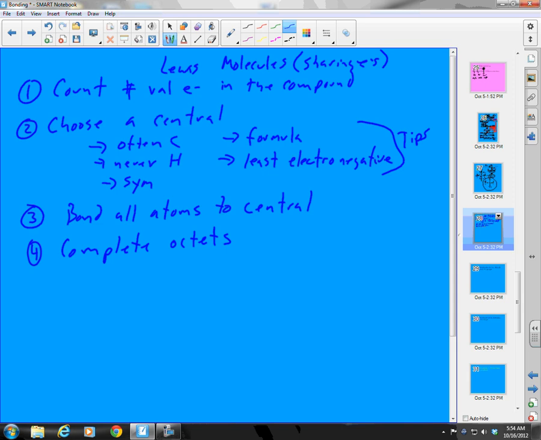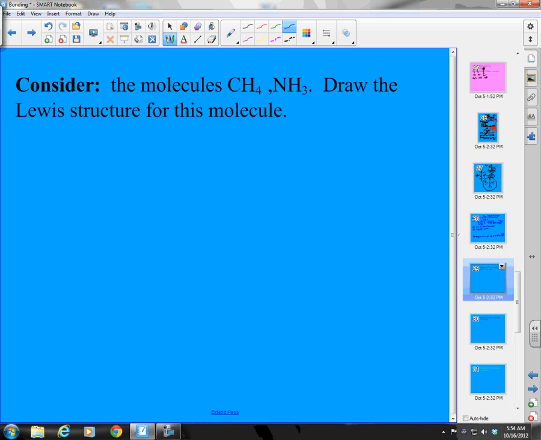So we complete octets, and then number 5, we want to compare electrons in the picture with the number of valence electrons. If they're equal, then we're done. And we say Yahoo, and we draw a little happy face. Good. So let us move forward.